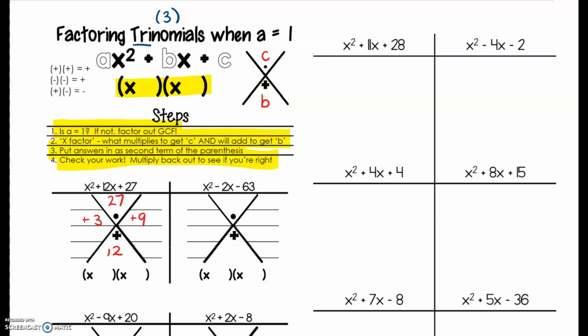If I add those together, I get a positive 12. Also, if I multiply positive 3 by positive 9, I get a positive 27. So positive 3 and positive 9 are the two numbers that we fill in to this X factor.